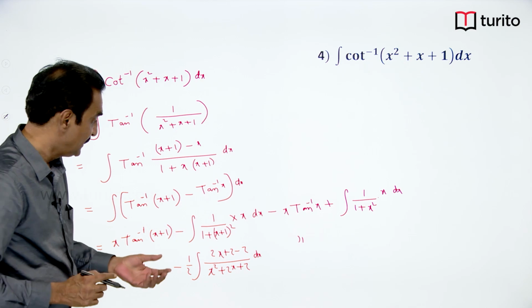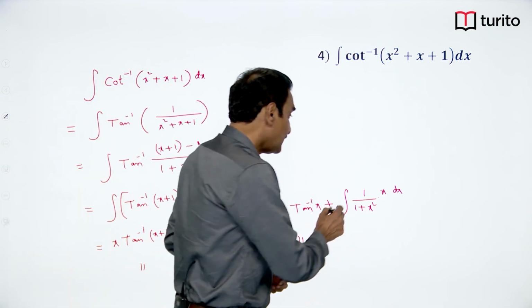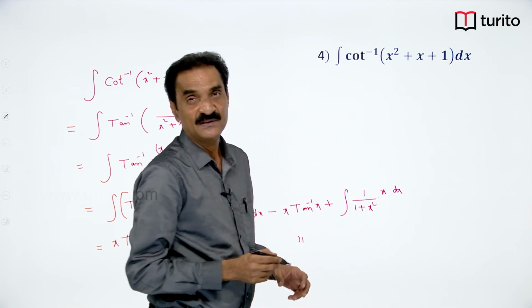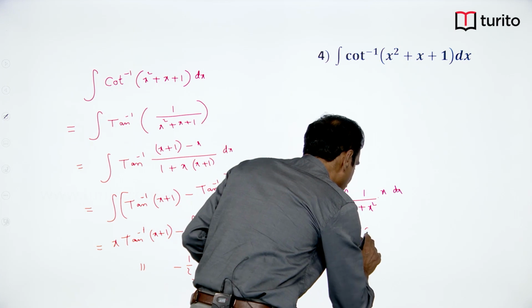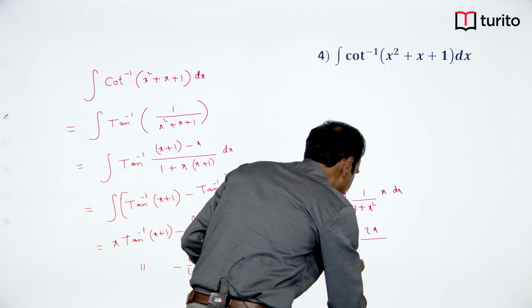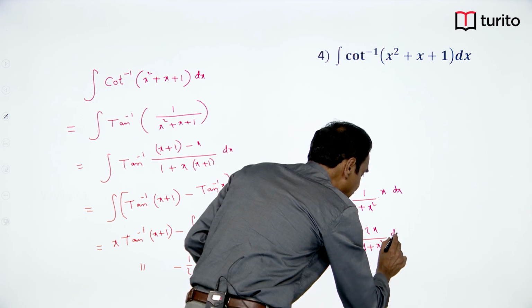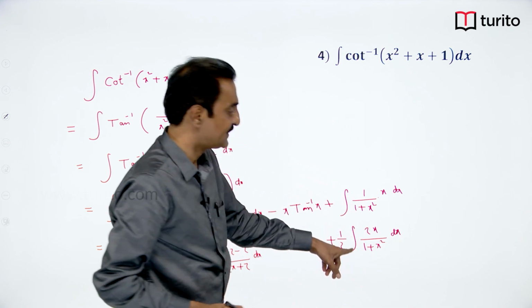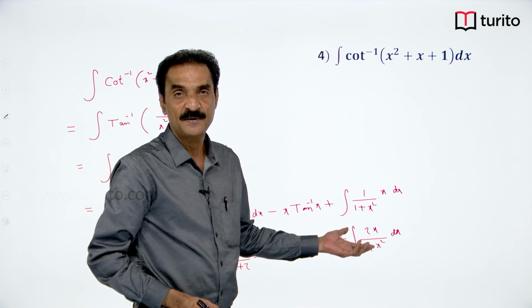Okay. Next, this one, derivative of 1 plus x square is 2x. So, we multiply by 2 and divide by 2, then it becomes f dash x by f of x. Derivative of denominator is numerator. What is the integral of f dash x by f x?